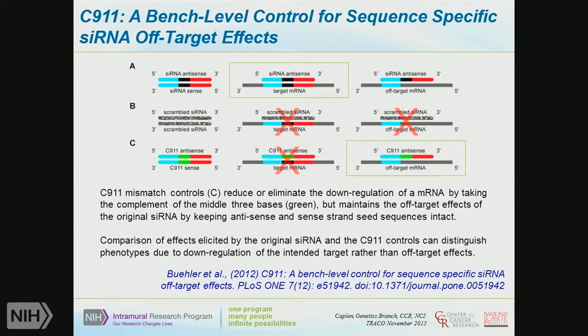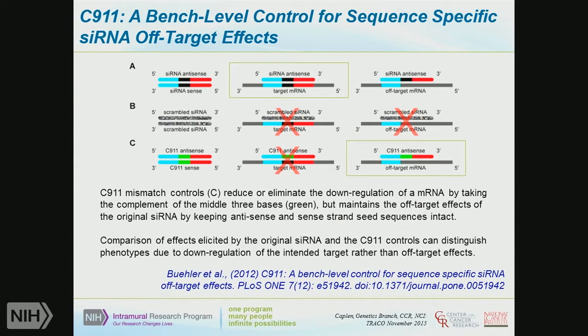So one of the groups that have evolved from my group, and I'll be talking about at the very end, is the Trans-NIH RNAi screening facility. They do functional genomic, genome-wide scale screening.